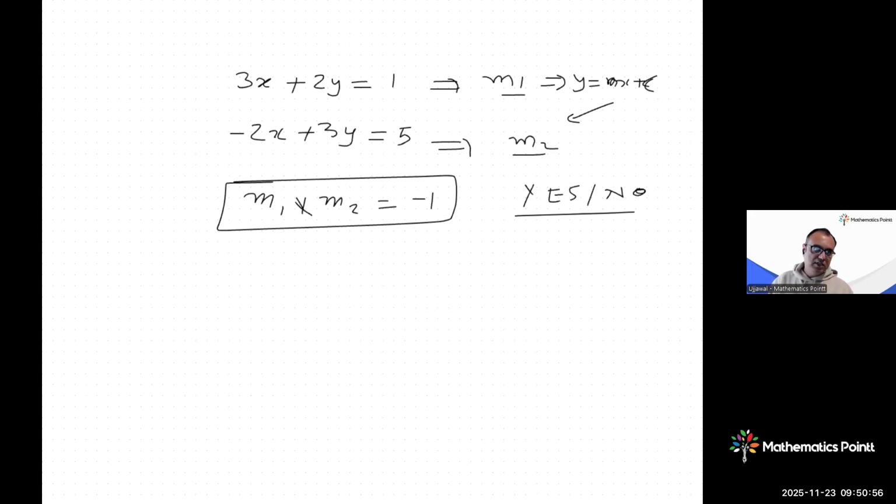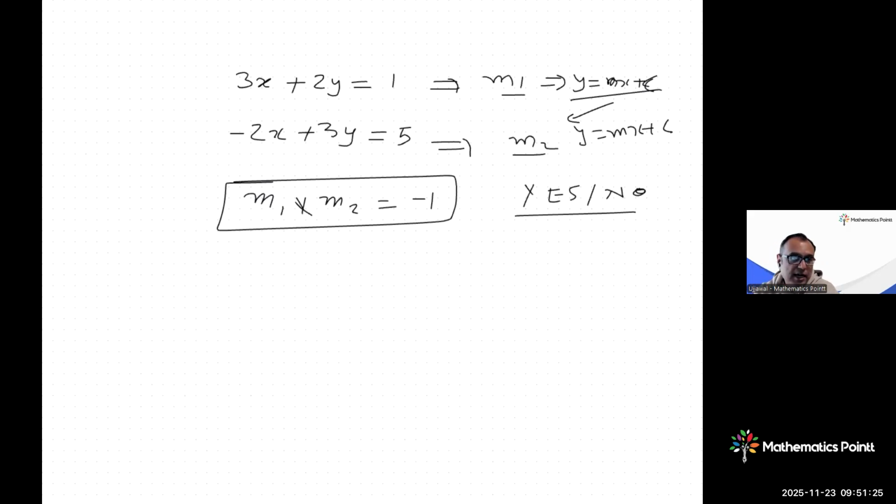Don't worry, Karan, if you don't understand, I'll do it. Let's do this one. Can you rearrange them into y equals mx plus c form quickly, making y the subject?